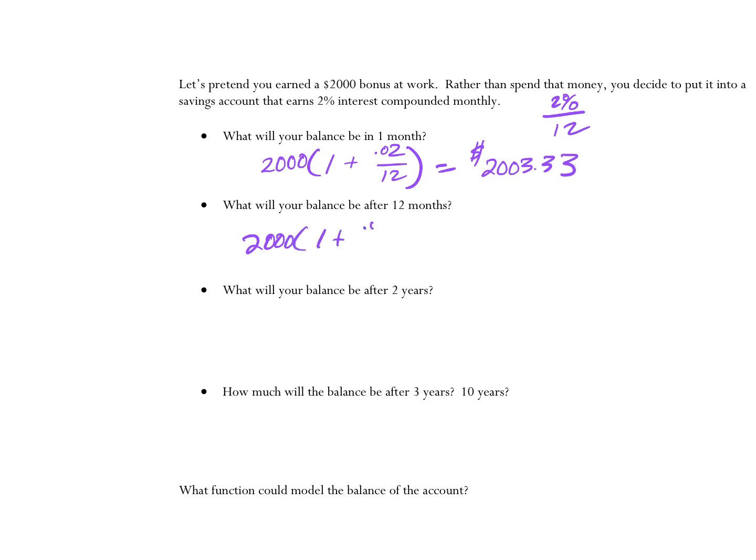Well, now to do that compounding, that 1 plus something you're compounding is going to be 1 plus 0.02 divided by 12. But now for 12 months, how many times have you multiplied by that factor? 12. So what's your balance after a year?